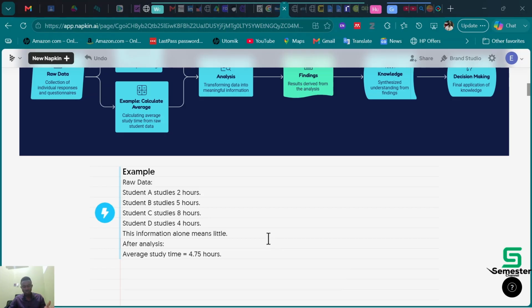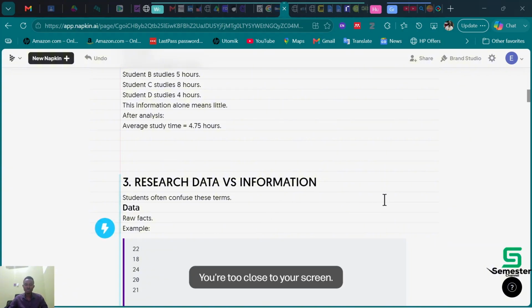All right, you go forward and then you add them into a decision-making tool where you can then tell people, all right, and that can even inform you as to which student does better and who doesn't. All right, so that should give you a fair idea of why data is really important.